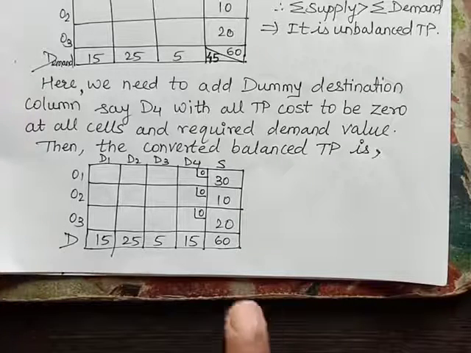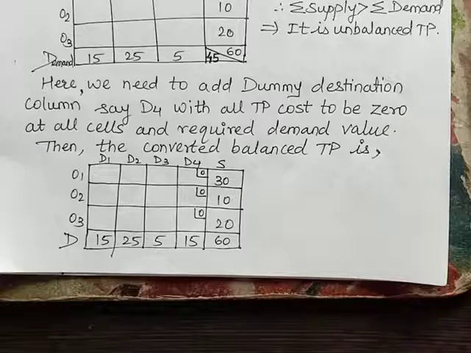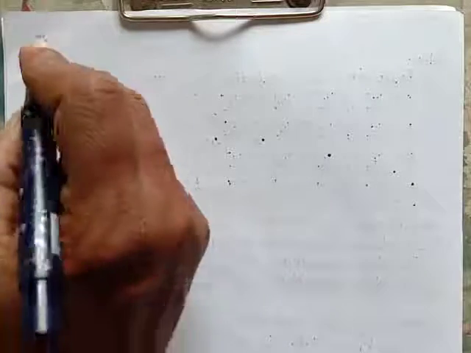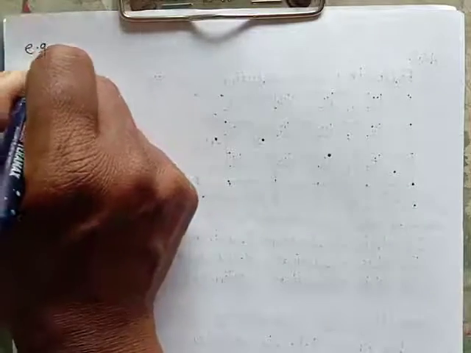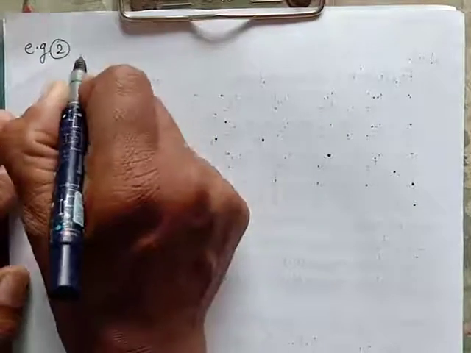Similarly, if supply is less than demand, then we need to add a dummy origin there. Okay, so let's see that type of problem. Now example 2. Suppose the example is given.